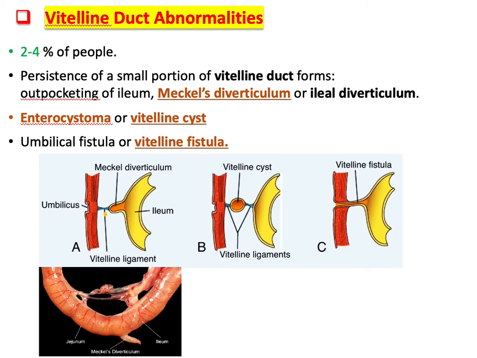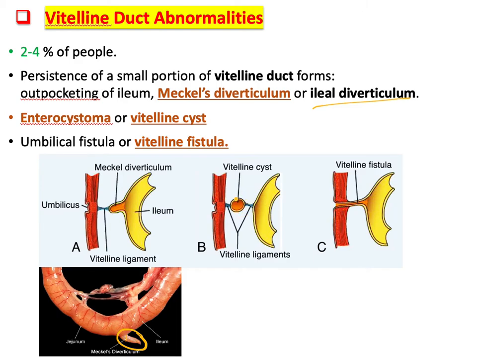But if a small portion of the vitelline duct persists, it creates a kind of outpouching of the ileum. This is your ileum, for example, and there is an outpouching here. We call it Meckel's diverticulum or ileal diverticulum, right? This is the Meckel's diverticulum.